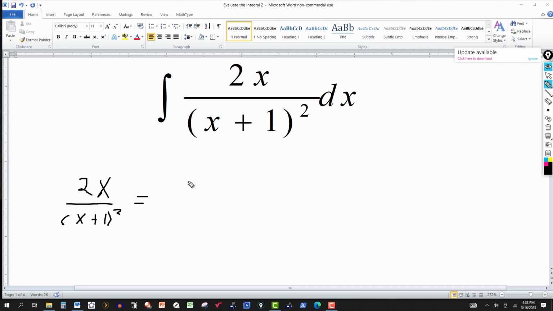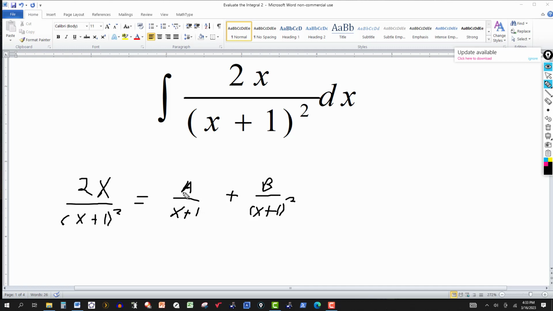So the method here is to say, okay, this can be broken down as some constant a over x plus 1, plus another constant b over (x plus 1) to the second. Now if that were an exponent of 3, then I would go again and say plus c over (x plus 1) to the third. But in this case, that's all we need.